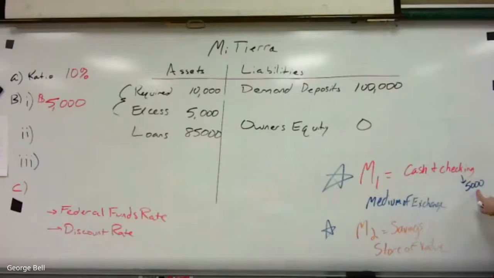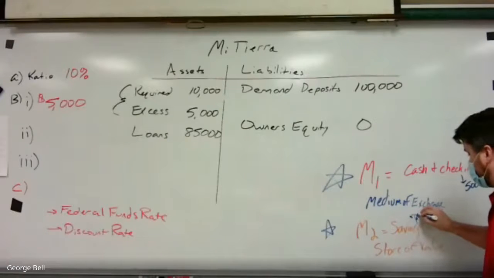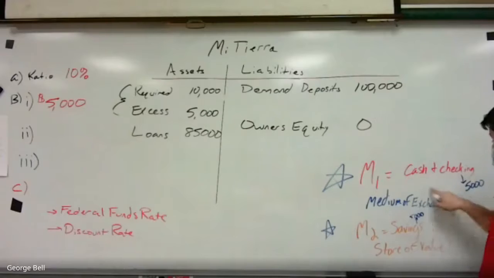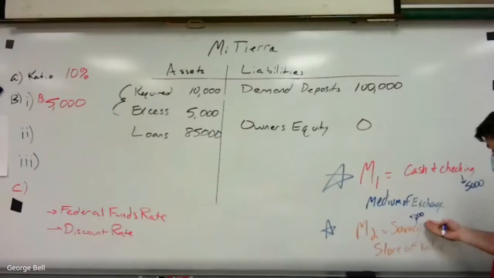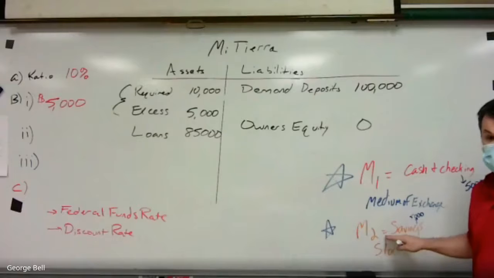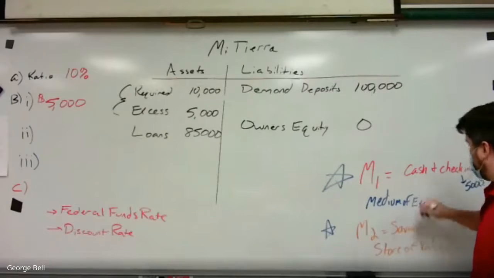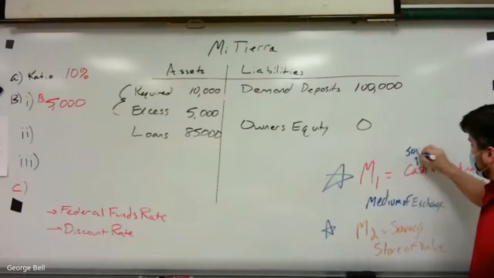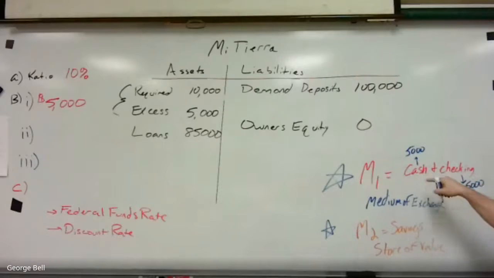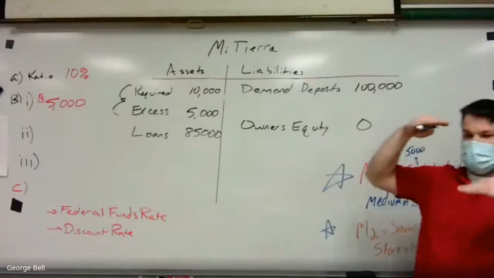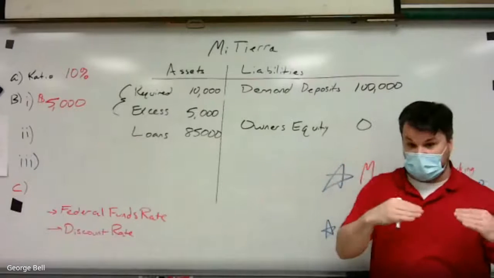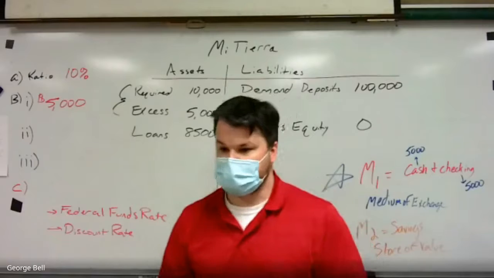If Luis moved $5,000 from checking into his savings, that would have meant then that M1 went down by $5,000 and M2 went up by $5,000. So this was a trick question because it wasn't affecting M2 at all. He withdrew from checking into cash. That means that even though the balance changed a little bit within M1, M1 stayed the same.